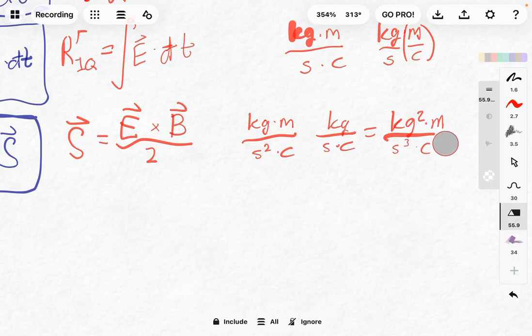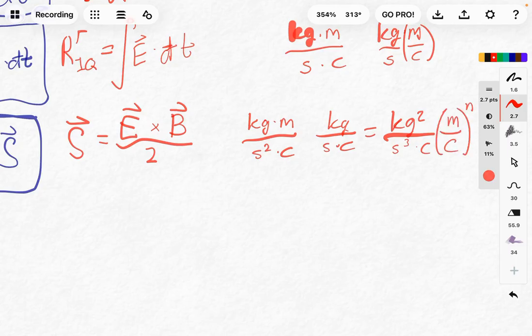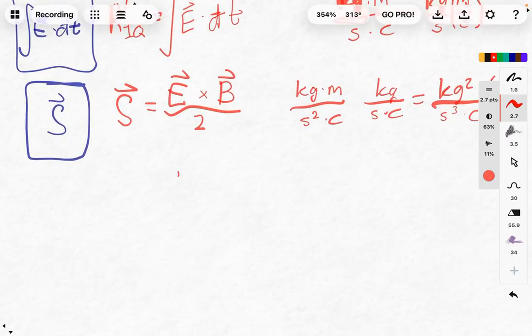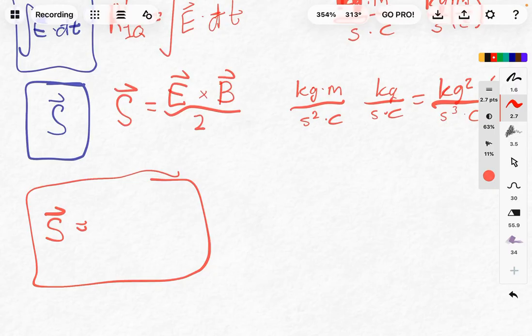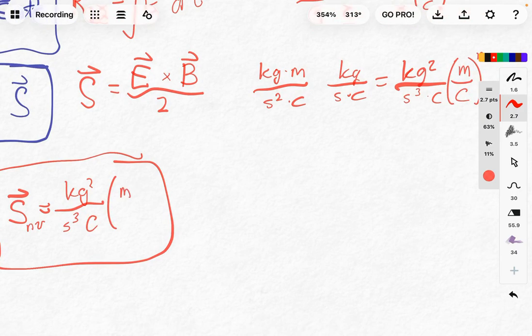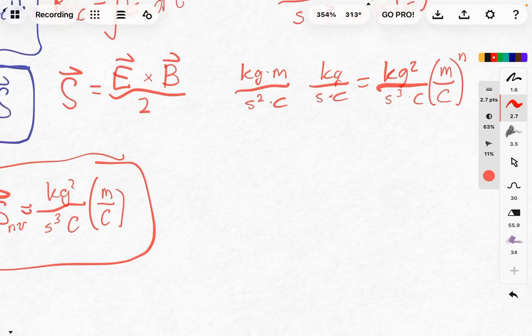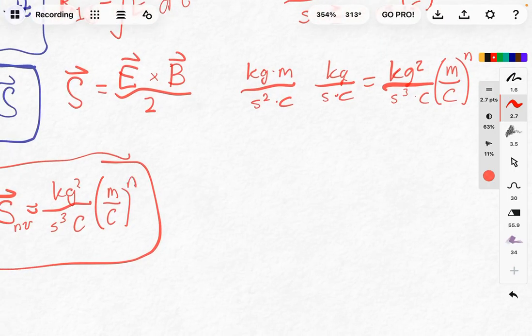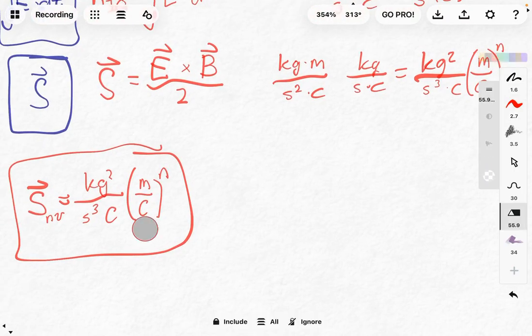And in order to completely remove meters from the equation, we can define it this way. So with that being said, S's official SI units, when generalized, will be kilograms squared per seconds cubed coulomb, meters per coulomb to the n. Not coulomb, but the unit.